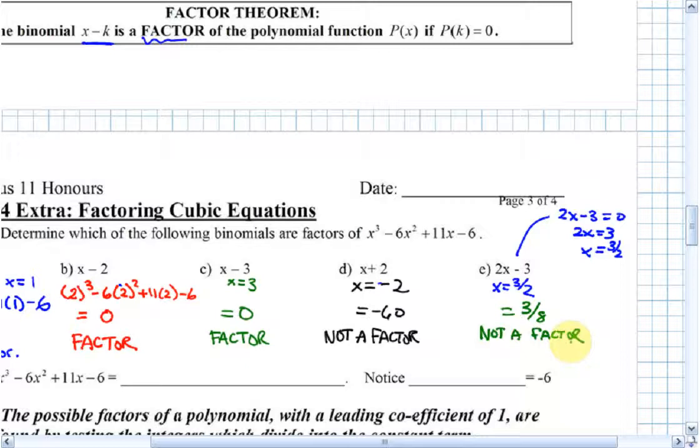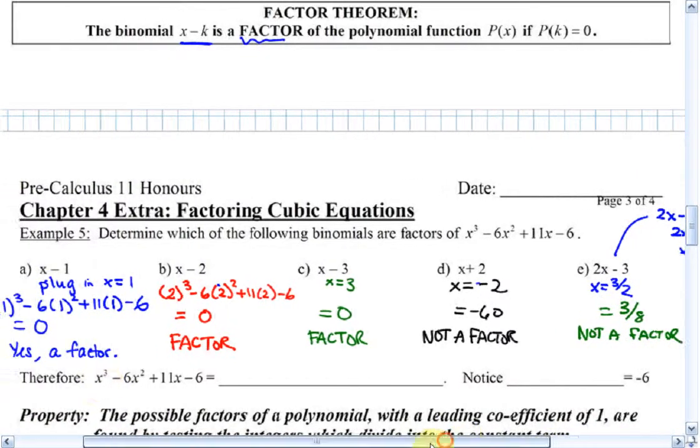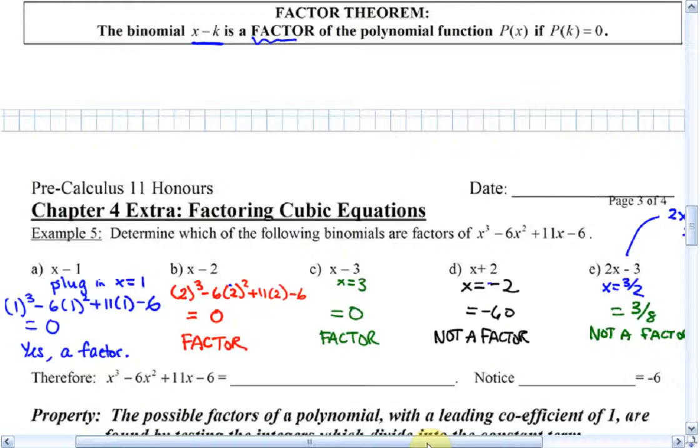Okay? Now, I want to just do one more quick thing, and then I'll give you a break. I want you to look now. If you think about factors, factors are those binomials. Which are my three factors of this big long polynomial? Well, it's x minus 1, x minus 2, x minus 3.